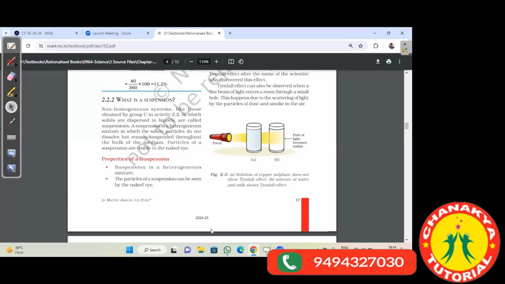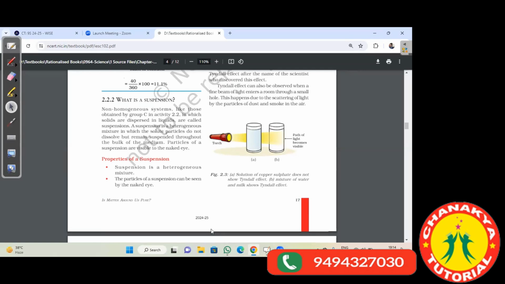There are some colloidal solutions which are unstable. There are certain colloidal solutions which are stable. So the stability of the colloidal solution determines whether it is heterogeneous to a large extent.